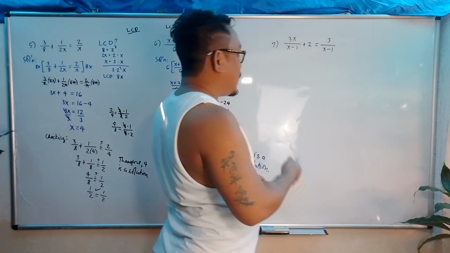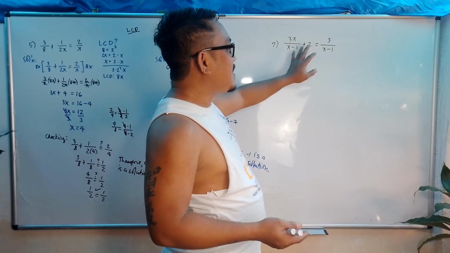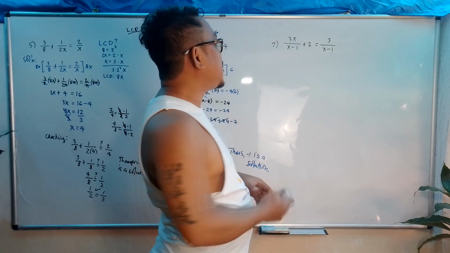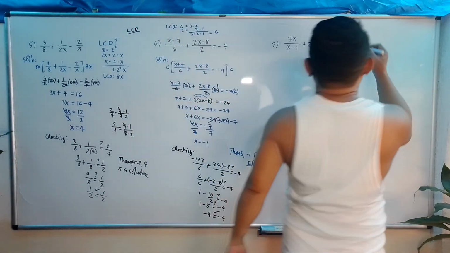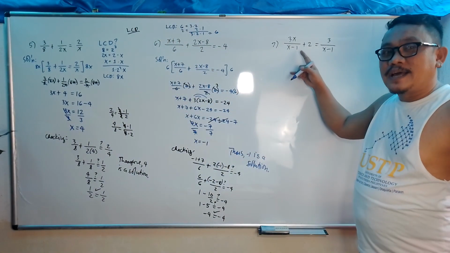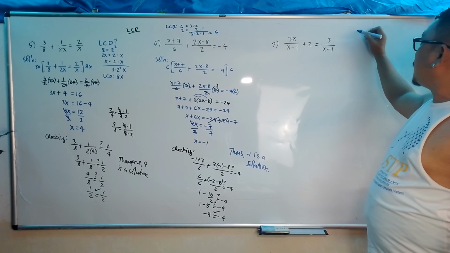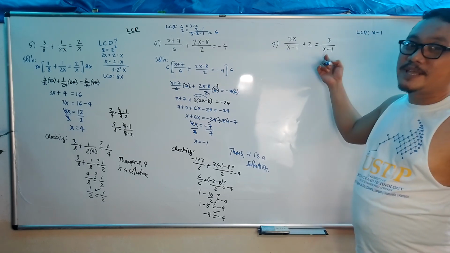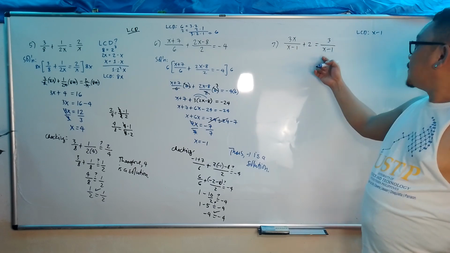Okay? So, here, again, there are fractions. So, we need to obtain the LCD. The denominator is x minus 1, so the LCD here is x minus 1. There is no other denominator.